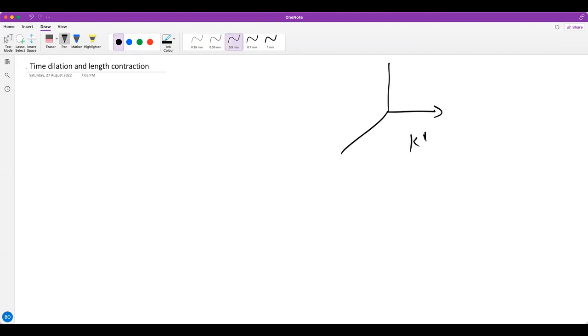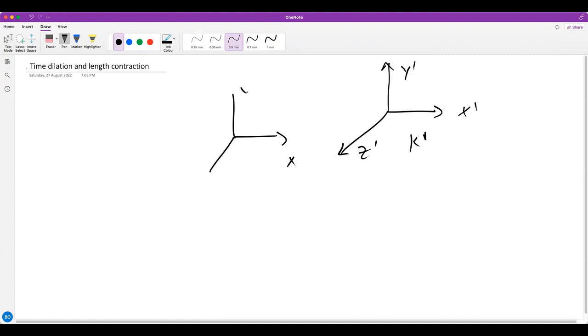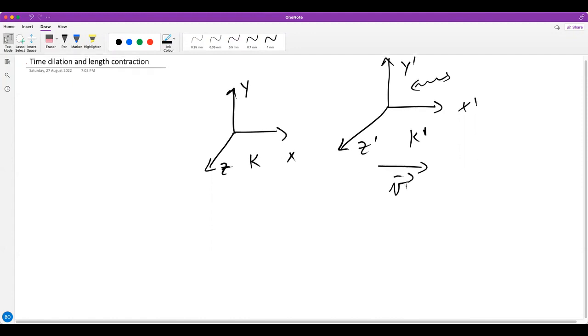This is K prime, which is x prime, y prime, z prime, a reference frame, and another reference frame, x, y, and z, K. And let's assume that we have an event measured inside this reference frame that is moving, let's say a space shuttle, and inside the space shuttle there is a light flash that is being measured by someone inside the space shuttle. So we have two reference frames that are moving with respect to each other.